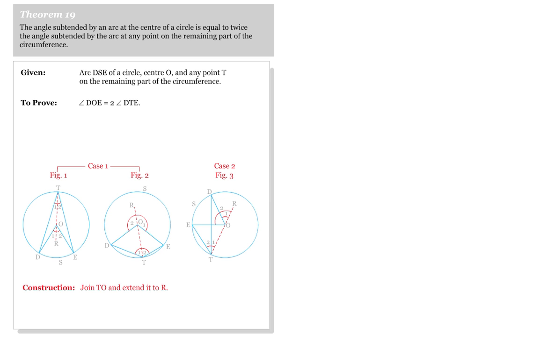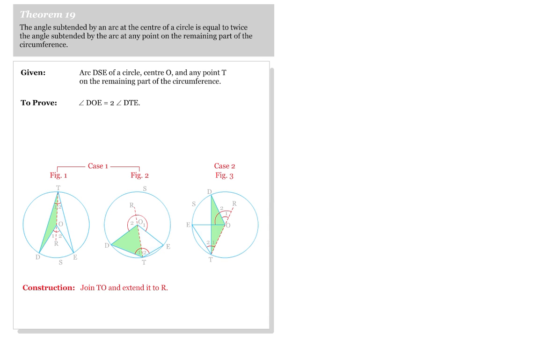If you look carefully at each diagram, you will see why we do this. In each case, TOR forms two isosceles triangles, each with an exterior angle. This enables us to use the isosceles triangle and the exterior angle of a triangle theorem.